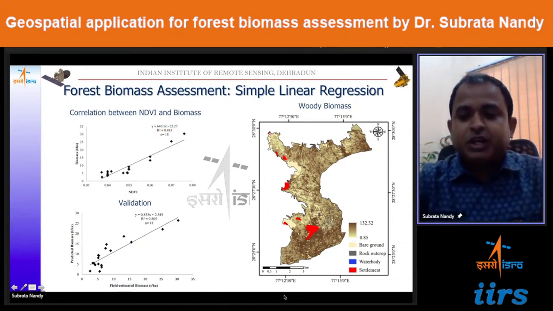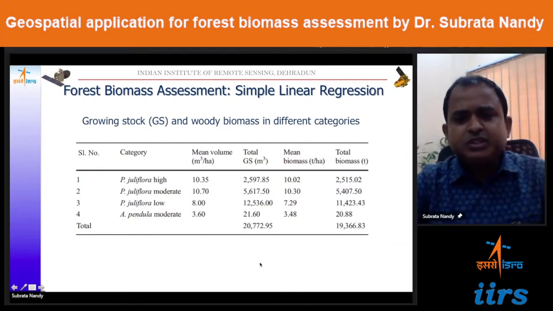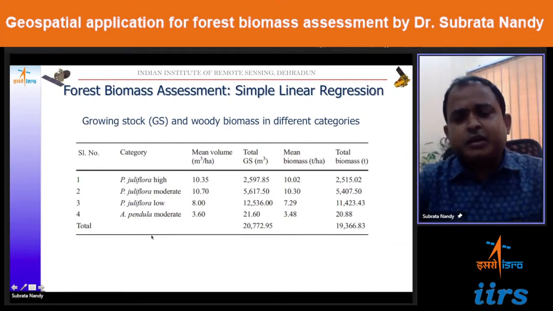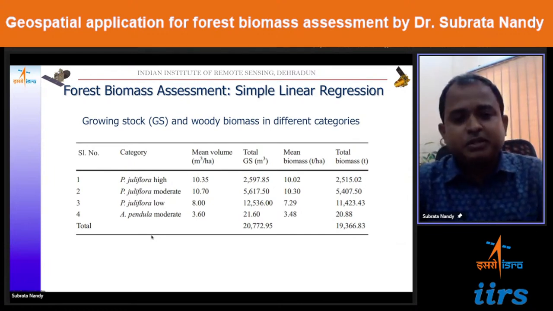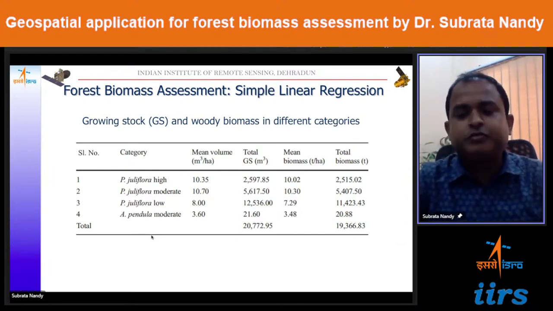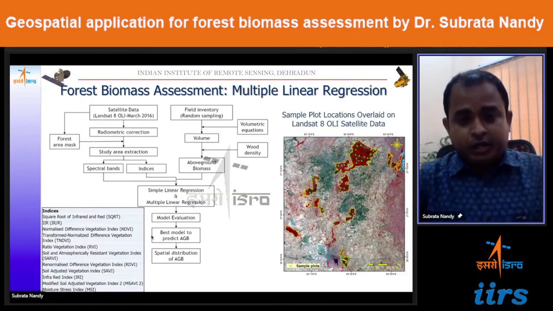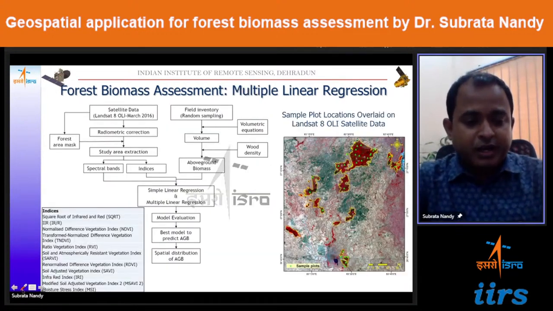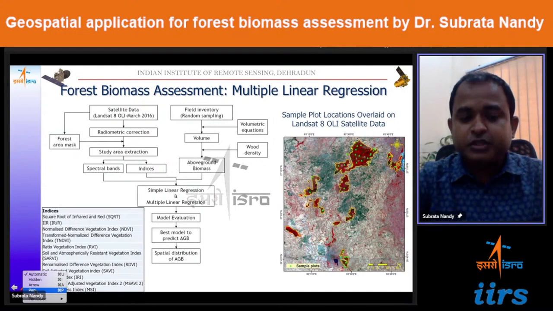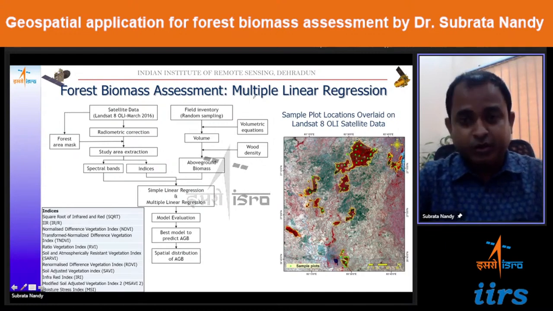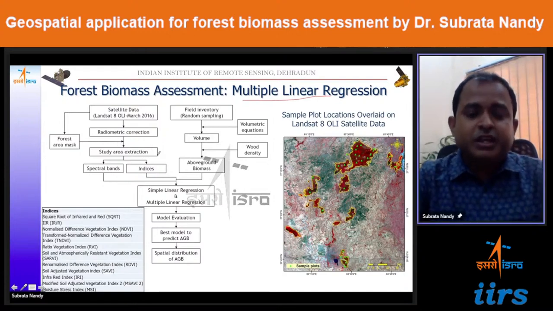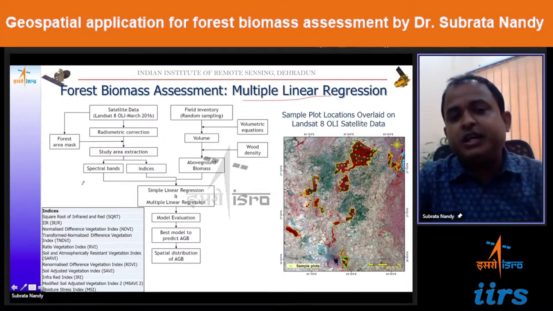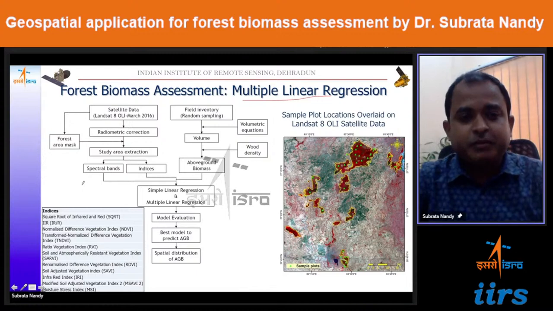In the next case, what I'll show is the mean volume or total growing stock, mean biomass and total biomass under each of these categories, and of course of the total area. What I want to highlight here is that instead of simple linear regression, we are using multiple linear regression. In the earlier case we used only one satellite data derived variable.